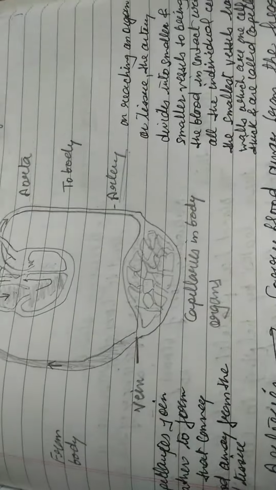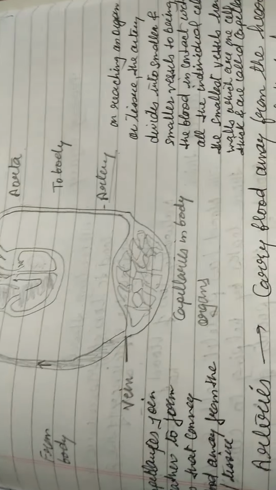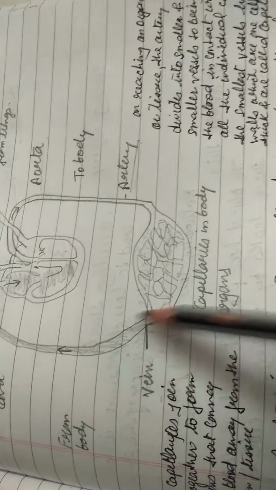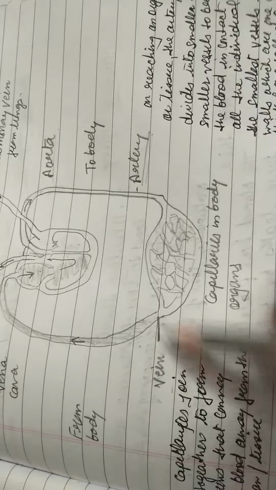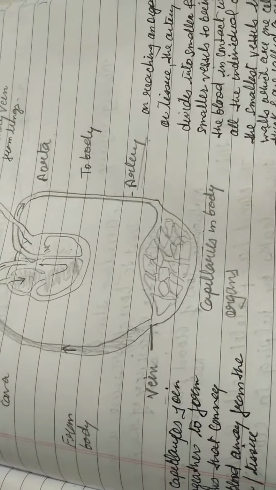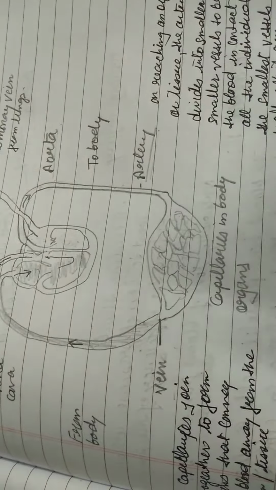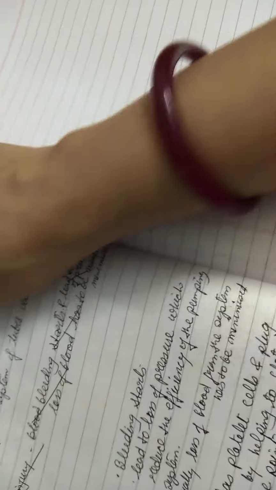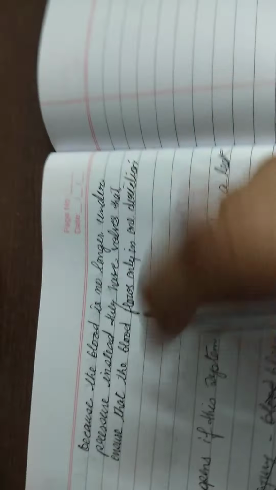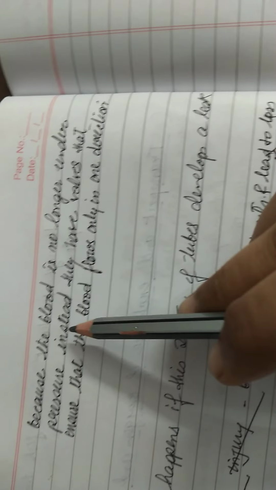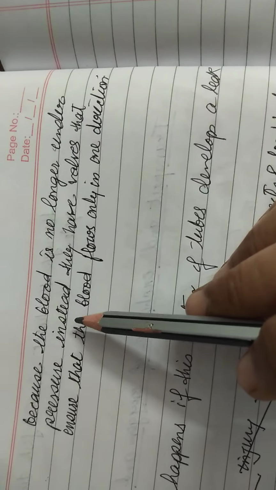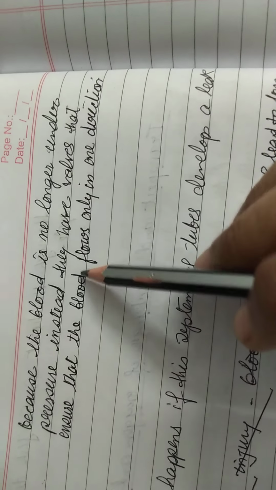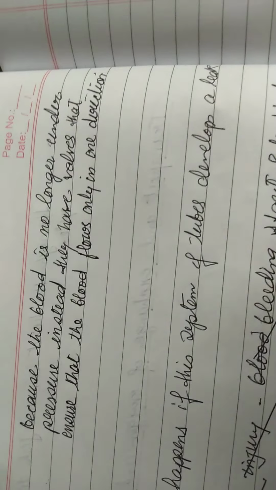Clear? Now veins collect blood from different organs and bring it back to the heart. So they don't need thick walls, right? Their walls are thin, but they have valves. Because blood is not under pressure, they have valves so that the blood can flow only in one direction.